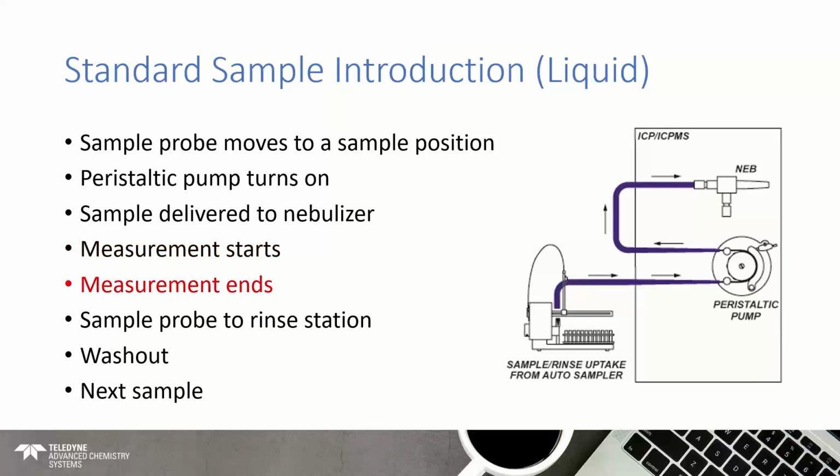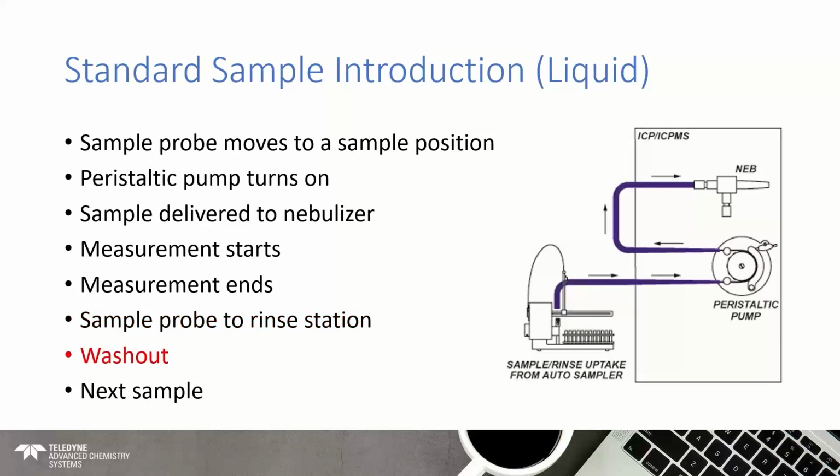When the measurement ends, that's the data collected, and then the sample probe goes to the rinse station on the automation. The peristaltic pump is continuing to pull what's coming from the probe through to the nebulizer. So as the sample probe moves to the rinse station, there's still sample being pushed through the nebulizer. After a certain period of time, you'll have rinse solution coming from the rinse station going through to the nebulizer, and that's our washout period.